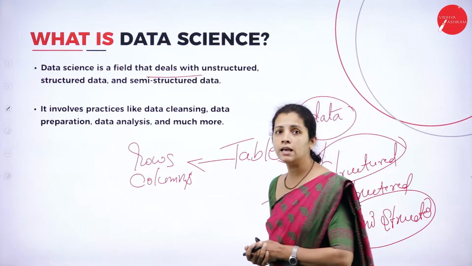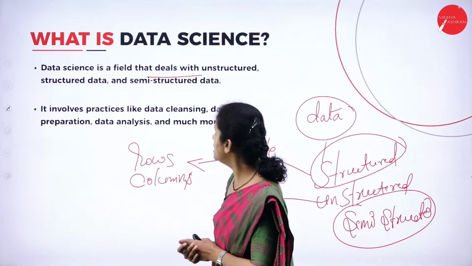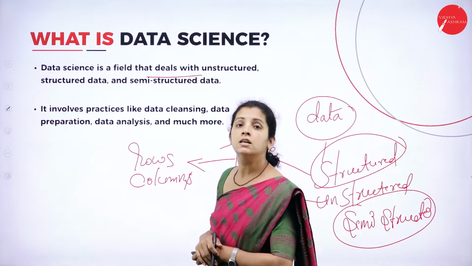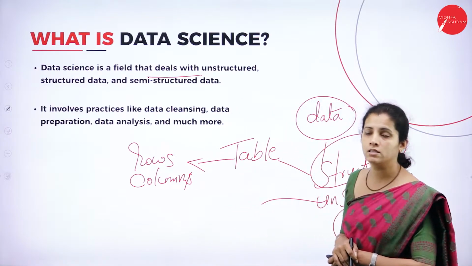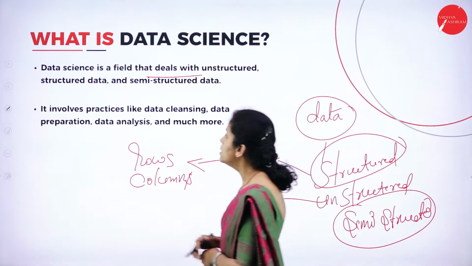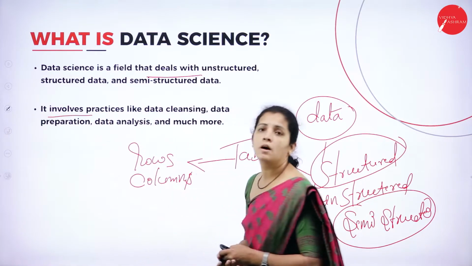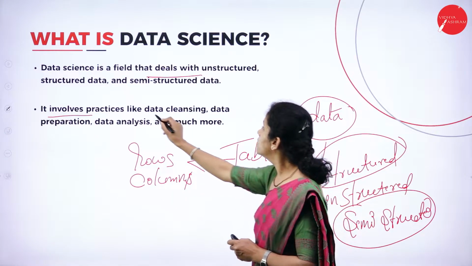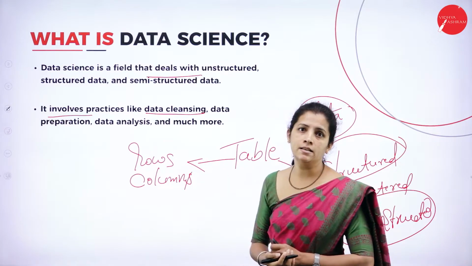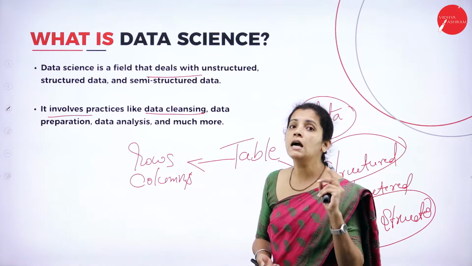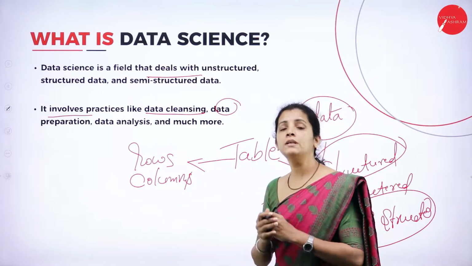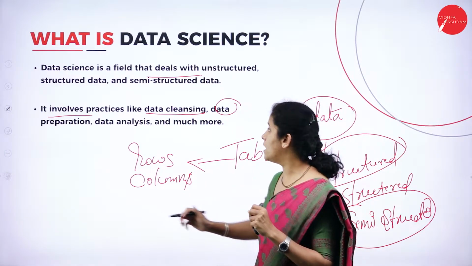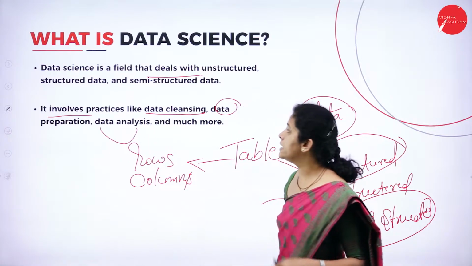So data science is nothing but the field that deals with structured, unstructured as well as semi-structured data. It involves practices like data cleansing, that means data cleaning, data preparation, that means how to prepare the data, and how to analyze the data.